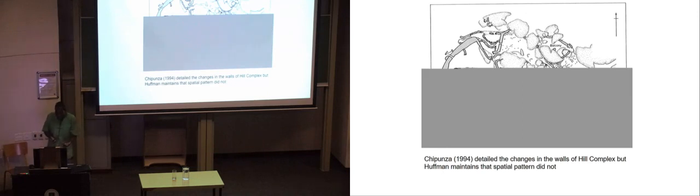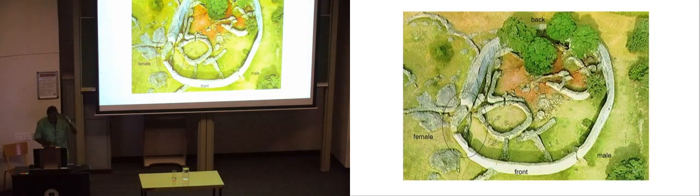The problem is that these places were constantly edited. Details were added over time and so on, and as such there is some controversy associated with that. So if we go to the Great Enclosure, then there are some symbols that Huffman associates with women here, and then he also associates this side with men. Then at the back is also associated with young men and young women.